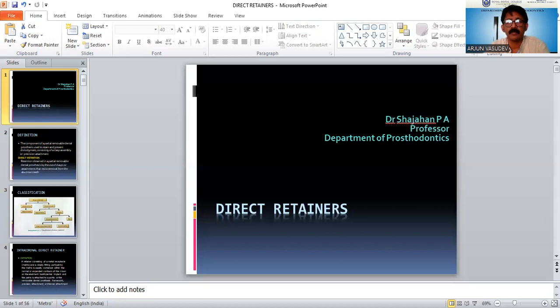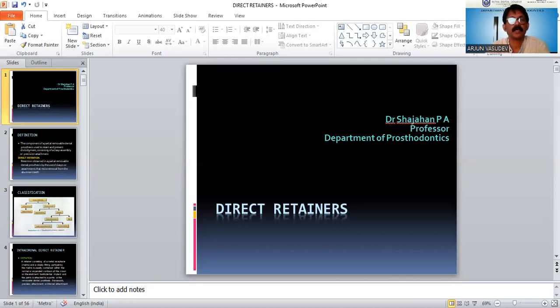The female portion is prepared inside the crown. That is why it is termed an intracoronal attachment. As this picture suggests, you can see the upper area, and the red mark is the female part.